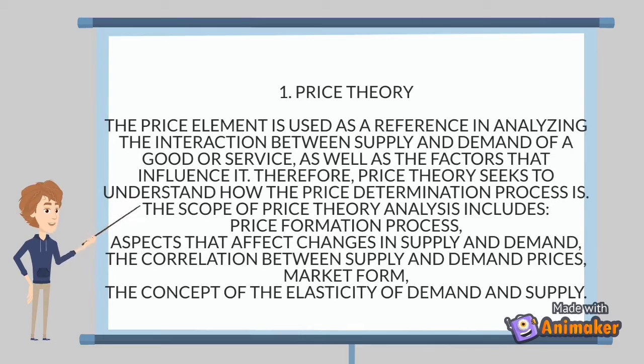Therefore, price theory seeks to understand how the price determination process works. The scope of the price theory analysis includes the price formation process, aspects that affect changes in supply and demand, the correlation between supply and demand price, market forms, and the concept of the elasticity of demand and supply.